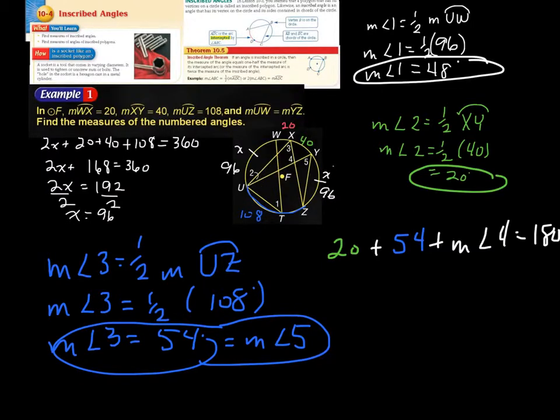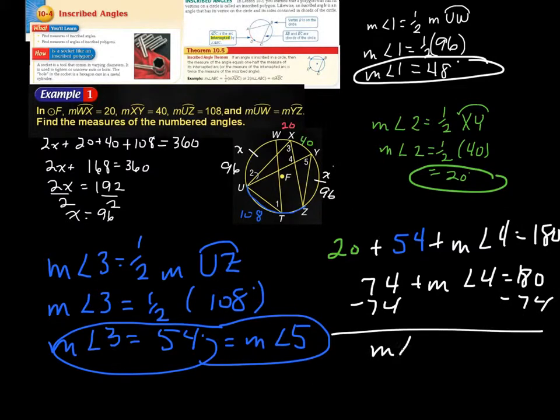So if we just add 20 plus 54 is 74, plus the measure of angle 4 equals 180. So all we have to do is subtract 74 from 180, and we have the measure of angle 4. 180 minus 74 should be 106, and of course we're in degrees.